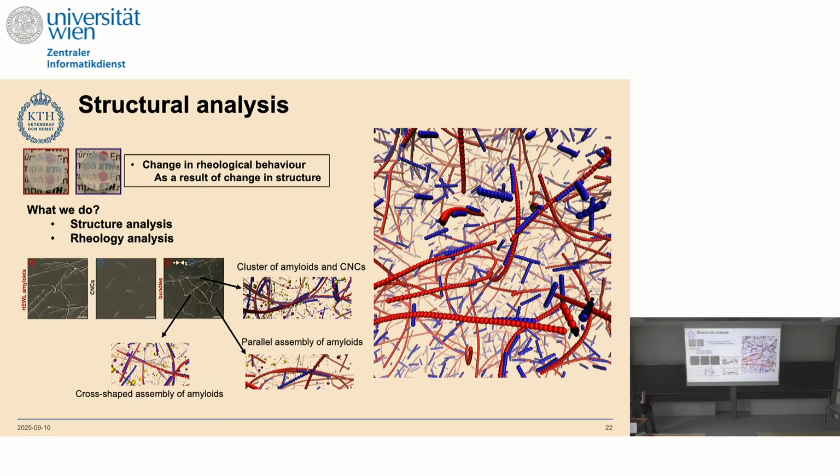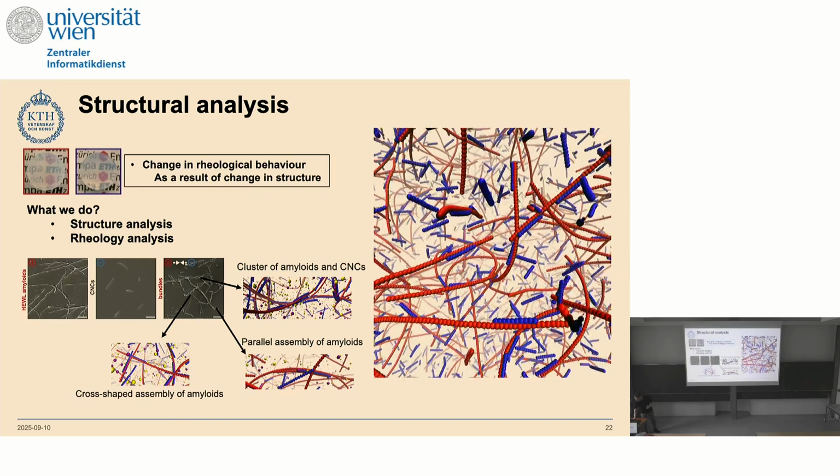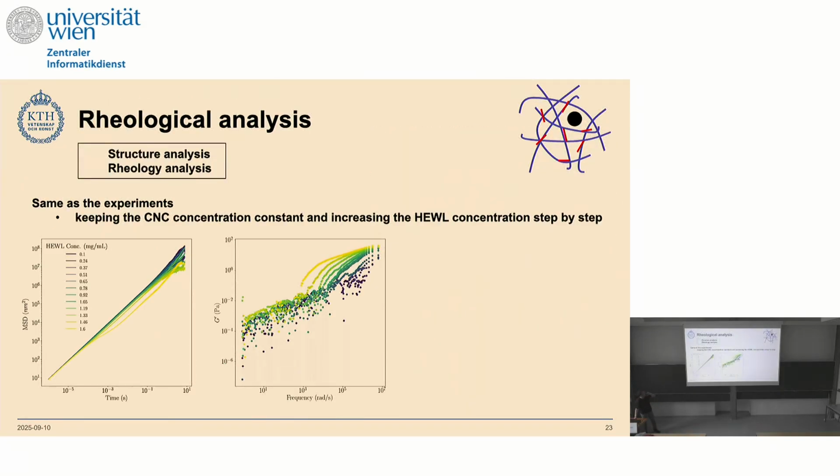And here I go quickly back to the case that I had, amyloid and CNCs. They had some visualization from AFM results, and we could capture the kind of structures that we make and the bundle sizes that they had in the experiments, and we were able to see them in the simulations. One of the things that was the main goal of the project was to do the microrheology.